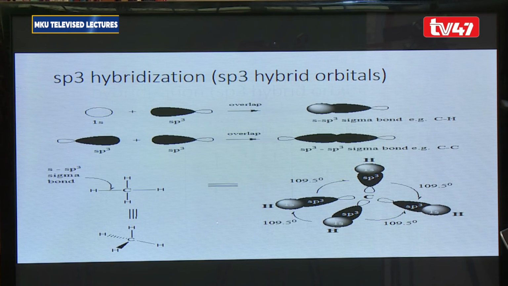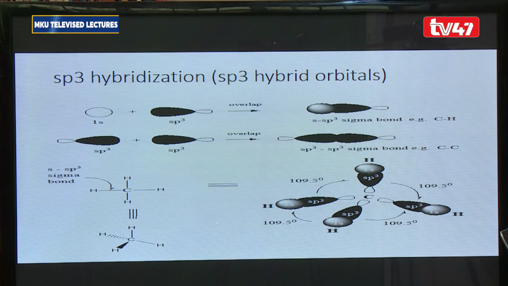Now, an s orbital is spherical, while a p orbital consists of lobes. So what happens in hybridization is that the one s orbital contributes its character to the other 3 p orbitals, so that in an sp3 hybrid orbital, we have a character which is a quarter s and 3/4 p.